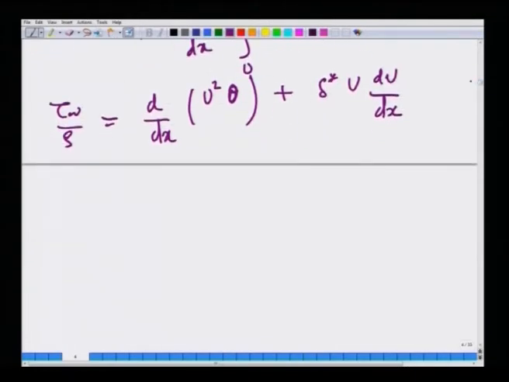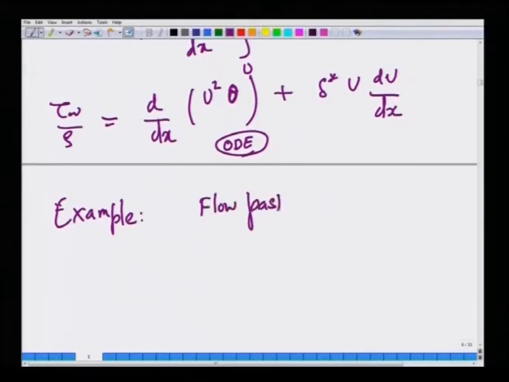This is an ordinary differential equation in x, and it has to be solved to find the shear stress. Now, let us look at a special example, a particular case, which is one of the classic cases in boundary layer theory: uniform flow past a flat plate, a flat rigid surface.